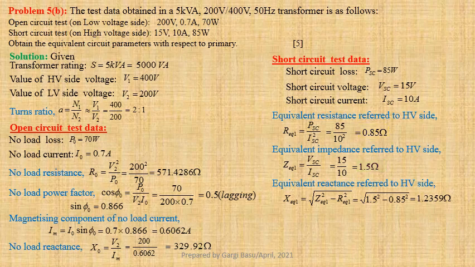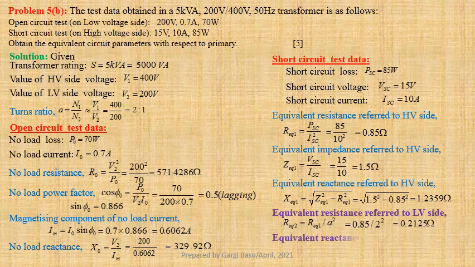Let us now determine equivalent resistance referred to low voltage side. Req2 equals Req1 by A square. Using values we get 0.85 by 2 square, that gives us 0.2125 ohm.